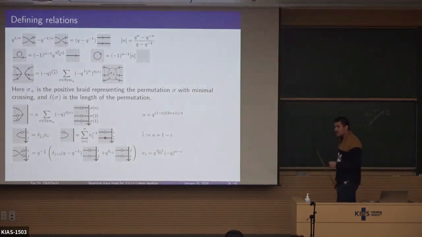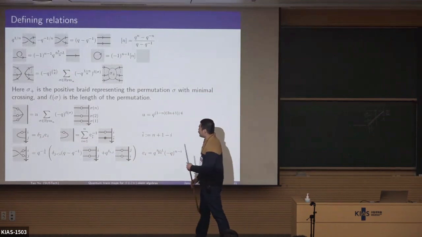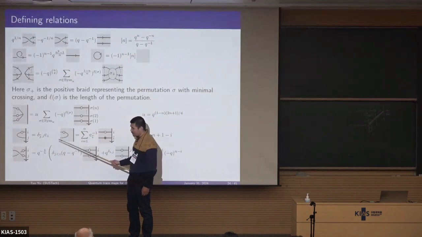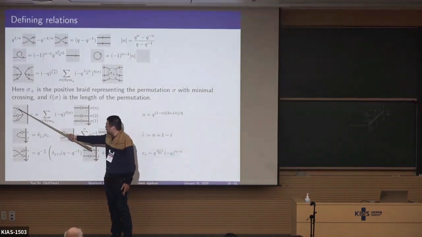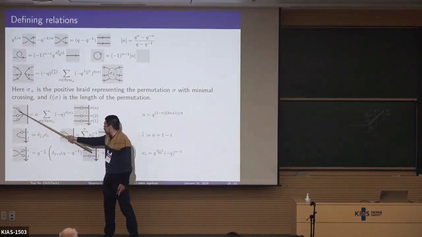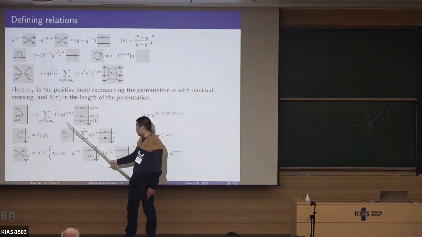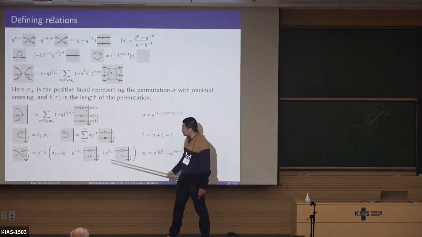Yes? Can you say something about the white and the black dots? Oh, yes. Good point. Thank you. All of these relations are sort of invariant under reversing orientation. So these dots are just certain orientations that are consistent in the picture. So I can fill in all the white dots with an arrow to the right or an arrow to the left. And if you see two different colors, then there are opposite orientations.